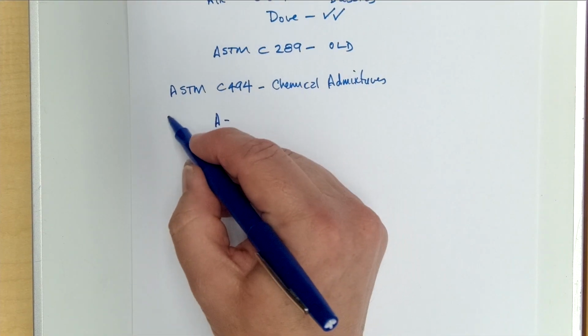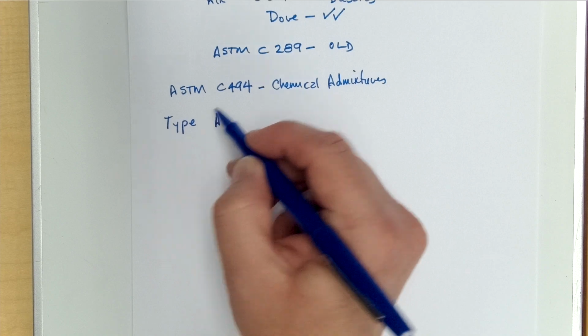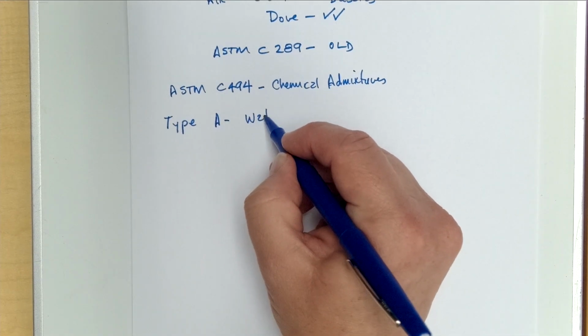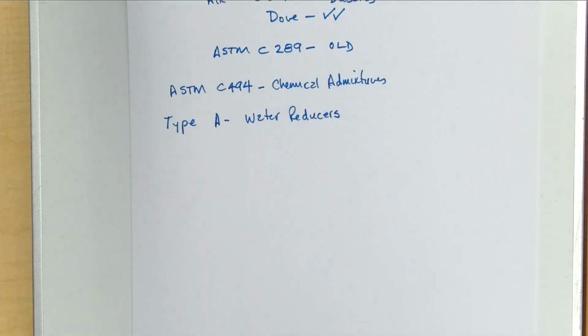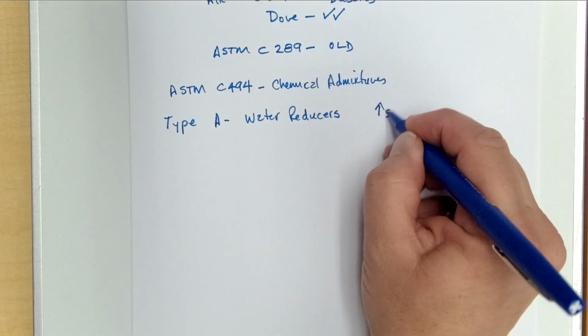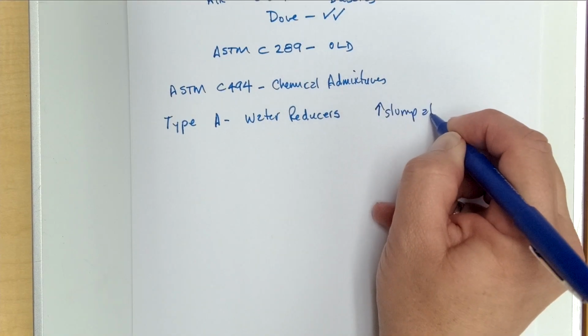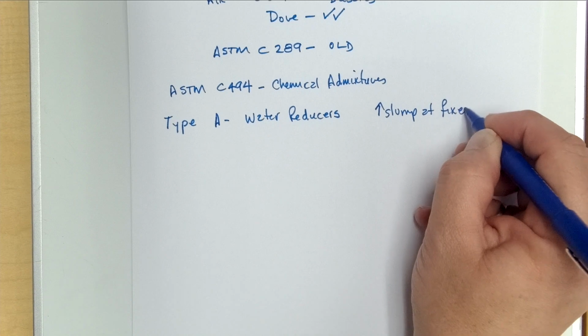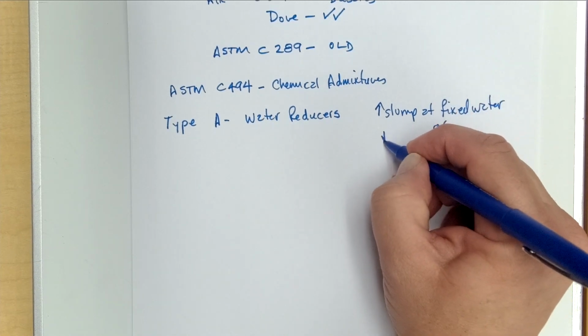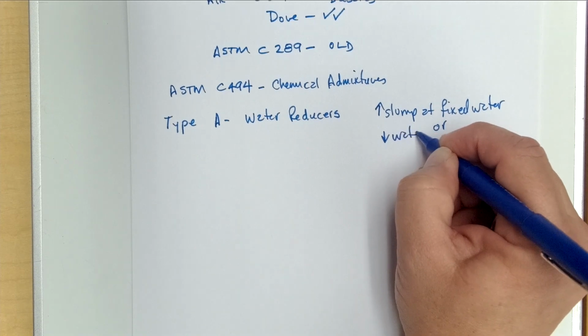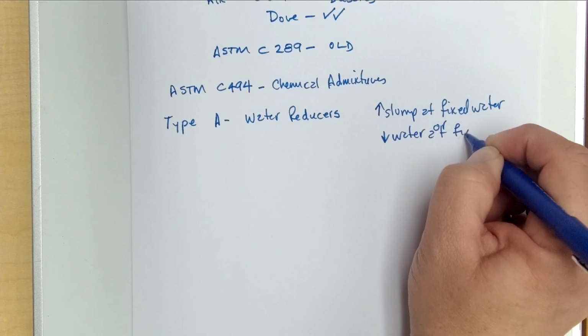We have a type A. Type A admixture is a water reducer. What does a water reducer do? It gives you the same slump at a lower water content. So it increases the slump at fixed water, or it decreases the water at fixed slump.